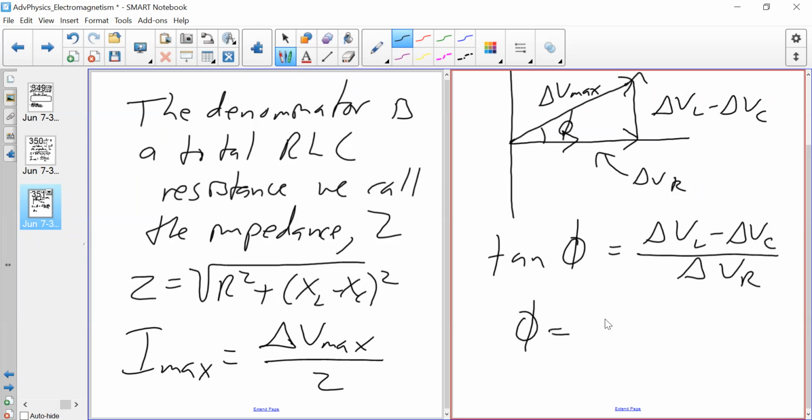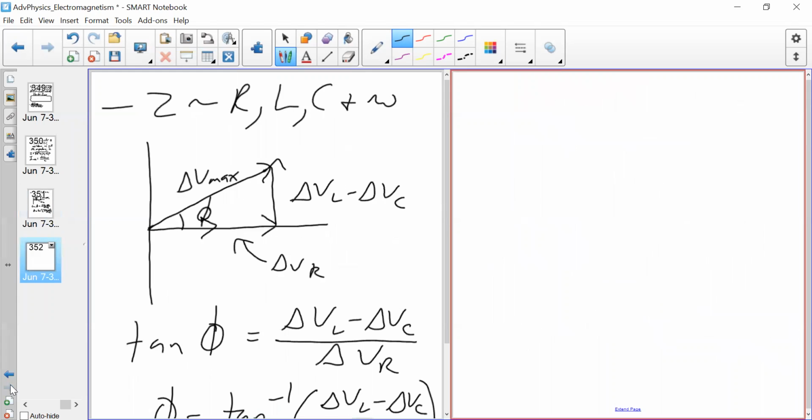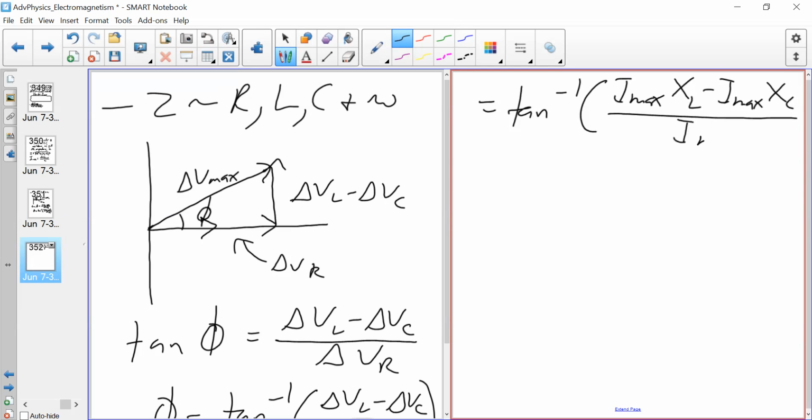So phi is going to be equal to the inverse tangent of delta VL minus delta VC over delta VR, which becomes I max XL minus I max XC over I max times R. And then we can further simplify that to XL minus XC over R, because these I's cancel out.